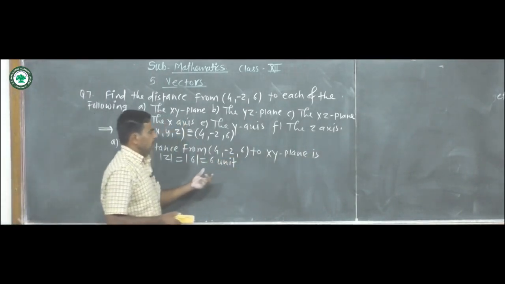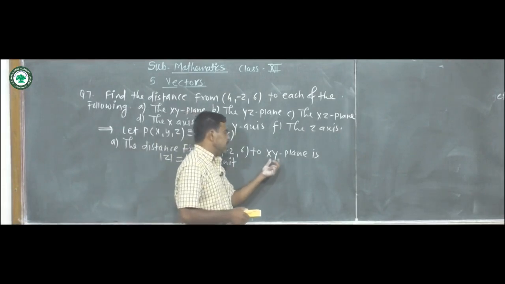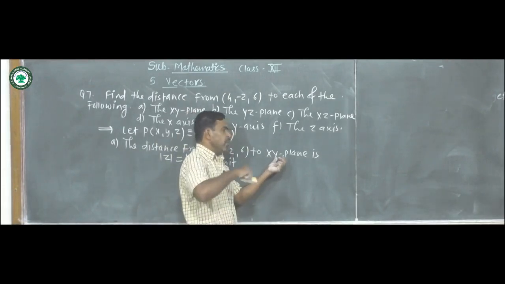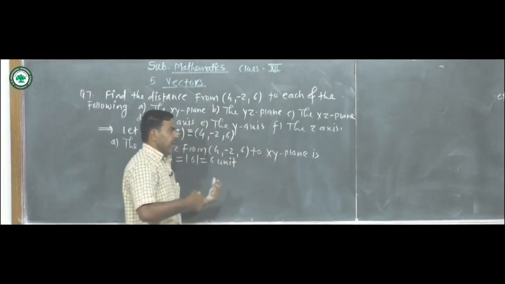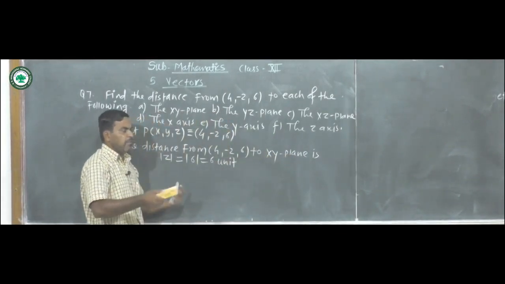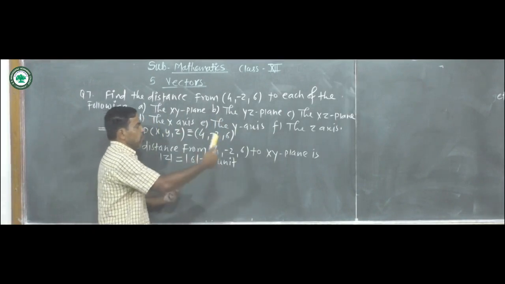Remember, if we are calculating the distance from XY plane, so remaining is Z. So we have to take the modulus of Z. If we are calculating the distance from XZ plane, remaining is Y, so take modulus of Y.